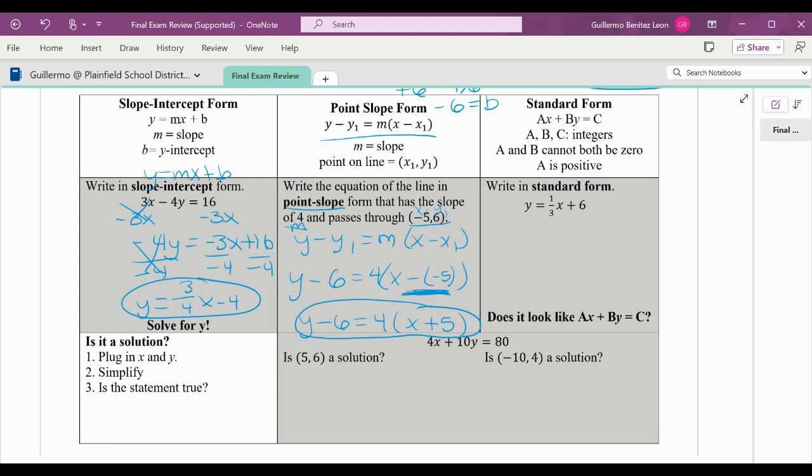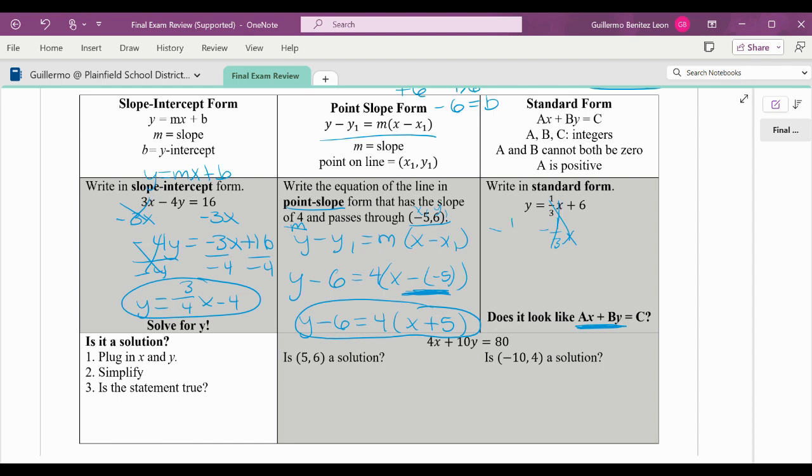Right, in standard form, this one we haven't done too much. Just remember standard form means ax and by, so the x and the y should be on the same side. So in this equation, x is over here. You just want to move it with the y. But you know how to do that. If I want to move it to the other side, it's a positive, so I'm going to subtract it.